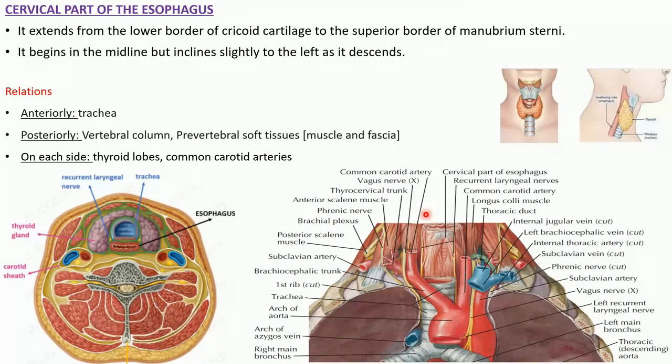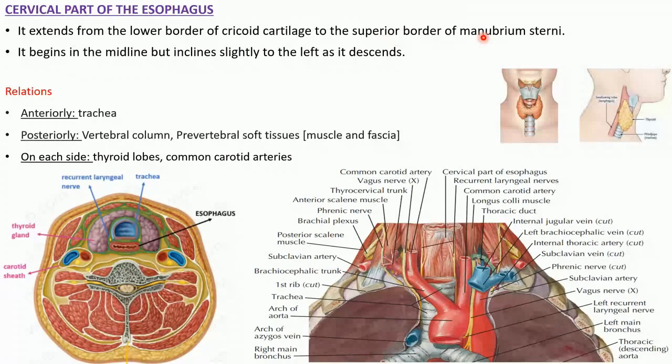The cervical part is that portion of the esophagus above the thoracic inlet. This is the thoracic inlet. So that small portion above is the cervical part of the esophagus. As I said, it extends from the level of the lower border of the cricoid cartilage to the superior border of the manubrium sternum.